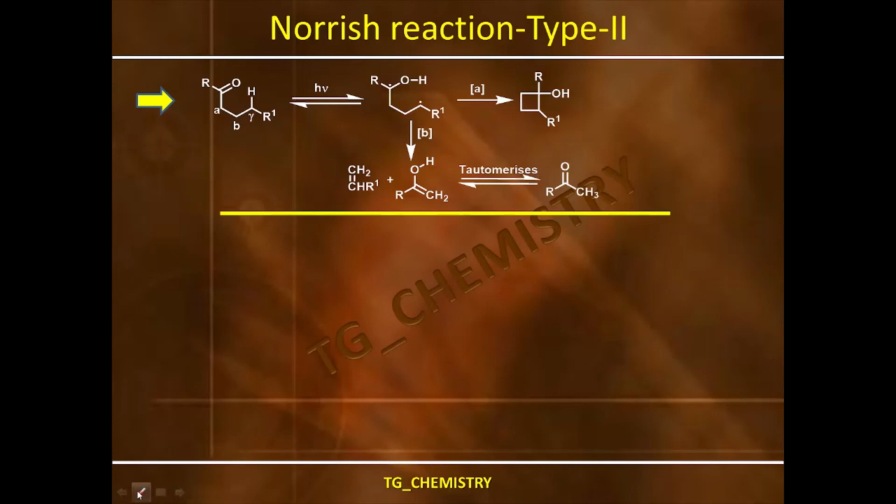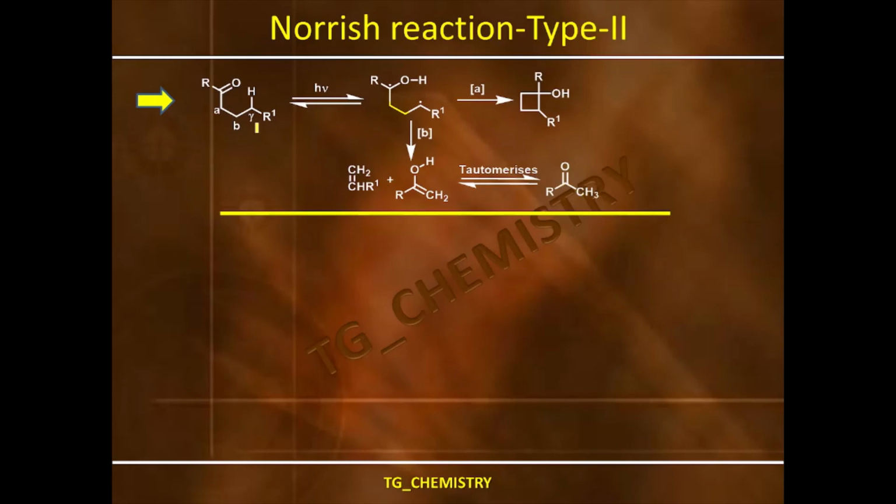Here the sigma bond that will break is that one. If this bond breaks, that will eventually lead to the enol system and the olefin. Now the enol can tautomerize to the carbonyl compound or ketone depending on the nature of the R group.